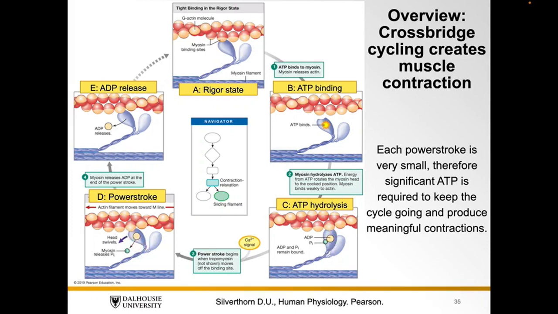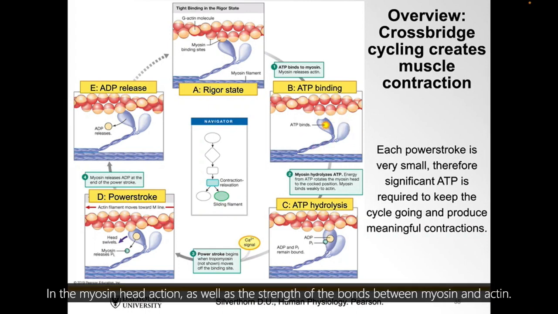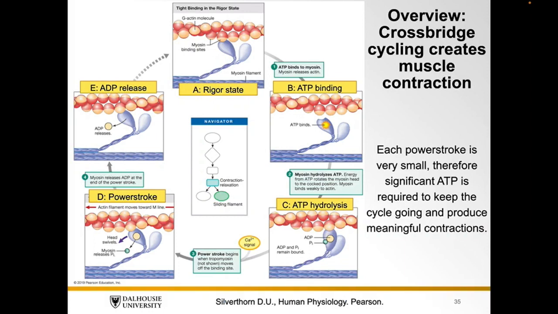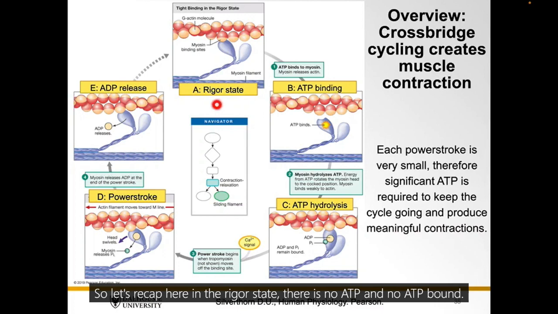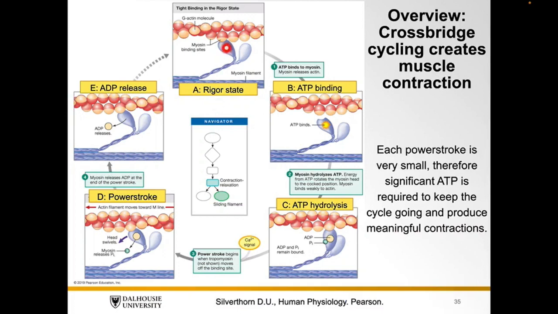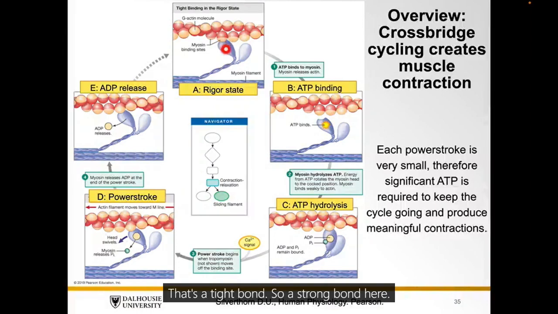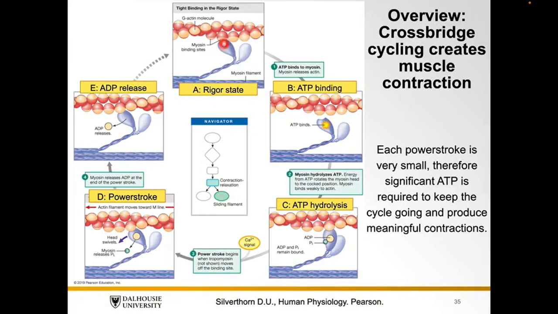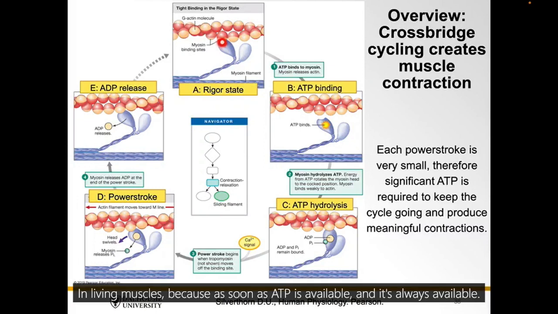We also need to understand the role of ATP and ADP in the myosin head's action, as well as the strength of the bonds between myosin and actin. So let's recap here. In the rigor state, there's no ATP and no ADP bound. That's a tight bond, so a strong bond here. But that happens only for a very, very brief moment in living muscles.